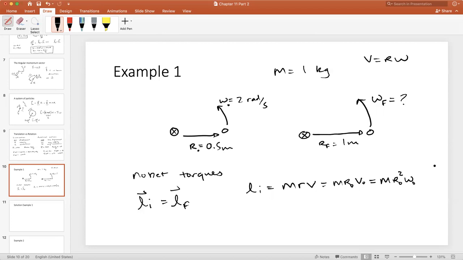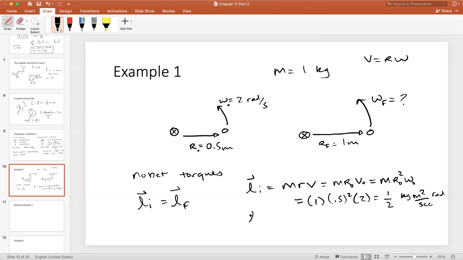So what is L initial? We get 1 kilogram for the mass, 0.5 squared, and 2. So 1/2 times 2 is 1 times 1/2. This is 1/2, and remember, kilogram meters squared over seconds times rads, or here it's kilogram meters squared over seconds.